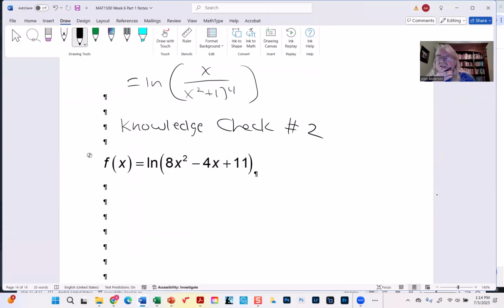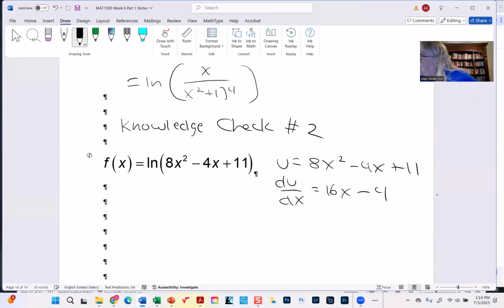Usually that might help with integration, but something like this, let's just use substitution and let's let this entire expression be u. And remember, this is sometimes written as u prime.